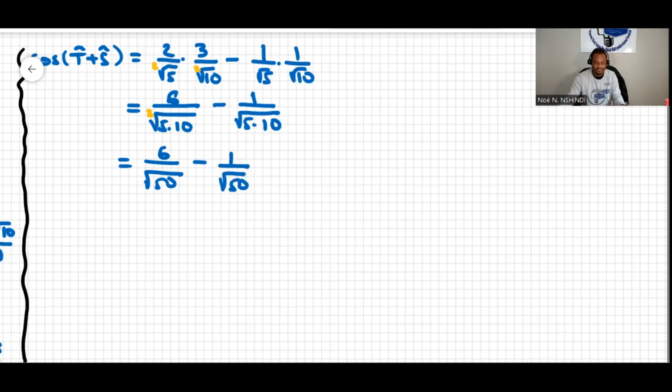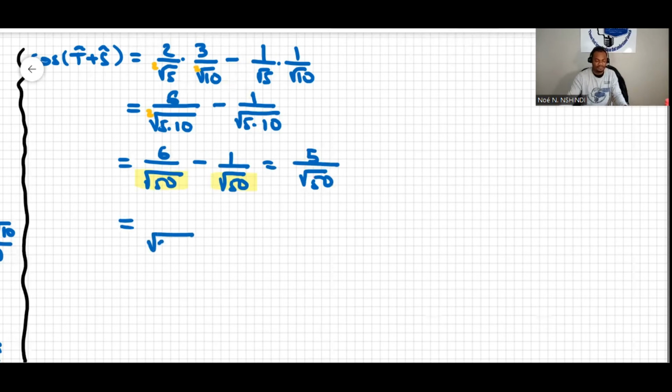Now we notice that the denominators here are common. They're both square roots of 50, so we can just subtract the numerators. We can do 6 minus 1, which is 5. So 5 over square root of 50. Then square root of 50 can be broken up like this.